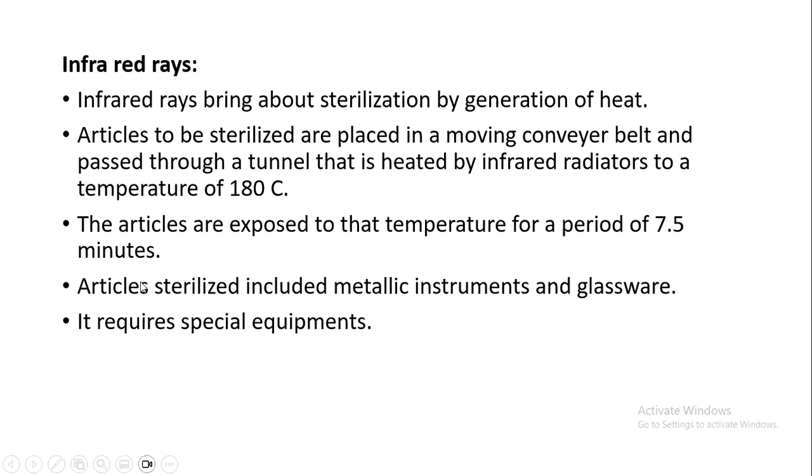Articles that are commonly sterilized include metallic instruments and glasswares. One of the challenges with this is that it requires specialized equipment that will generate the heat because of infrared radiations.